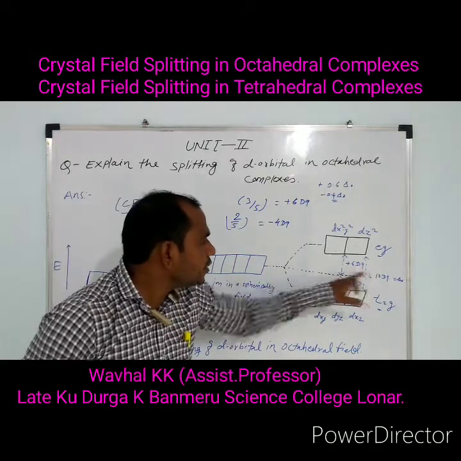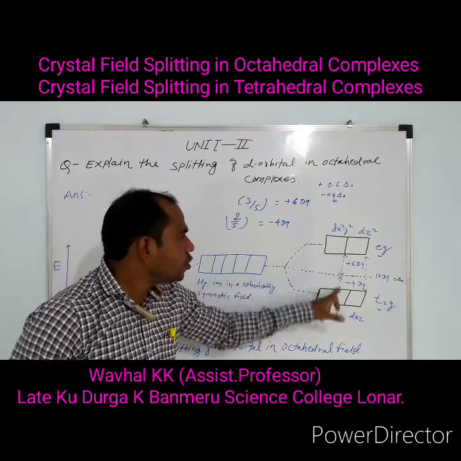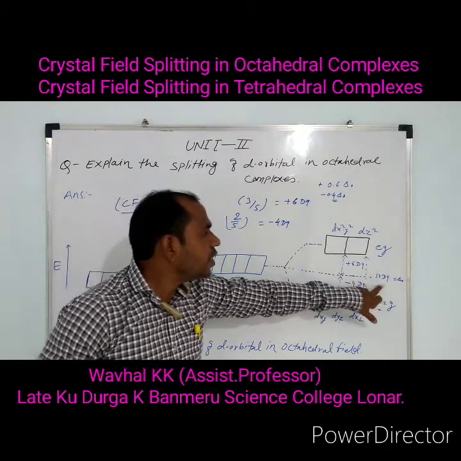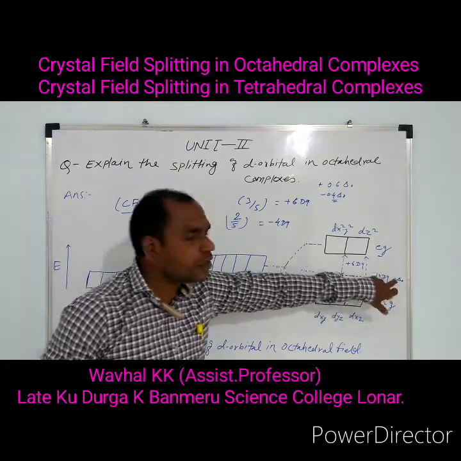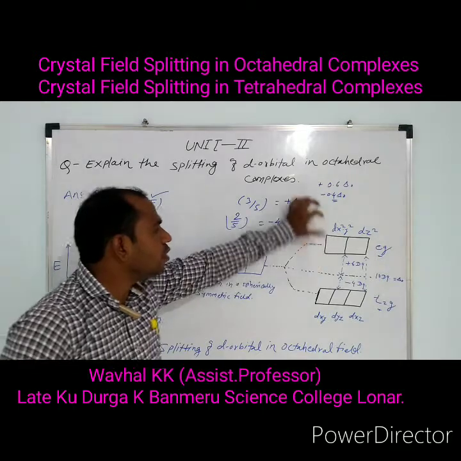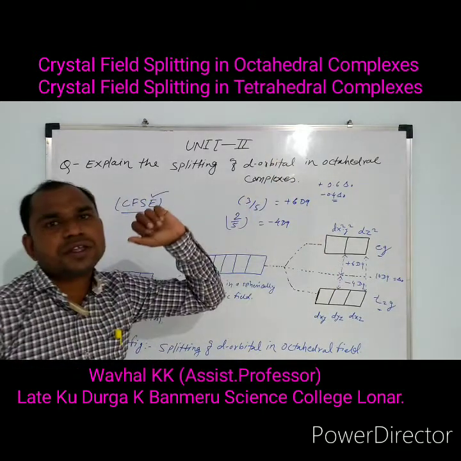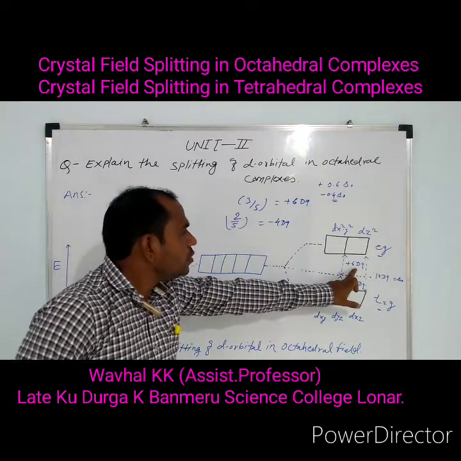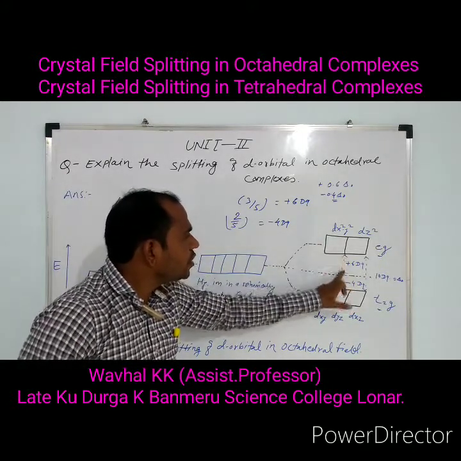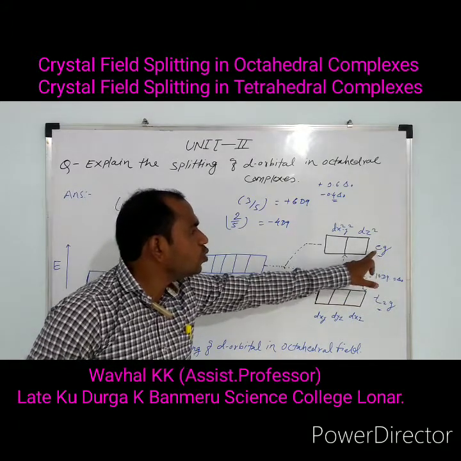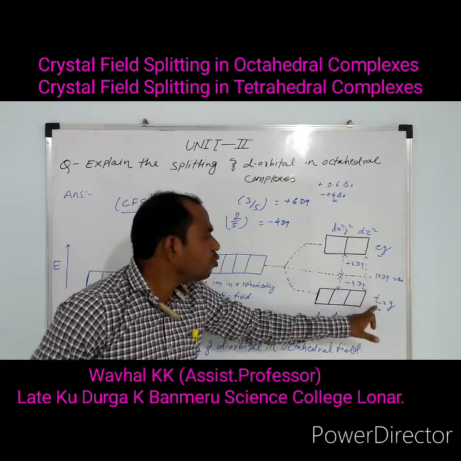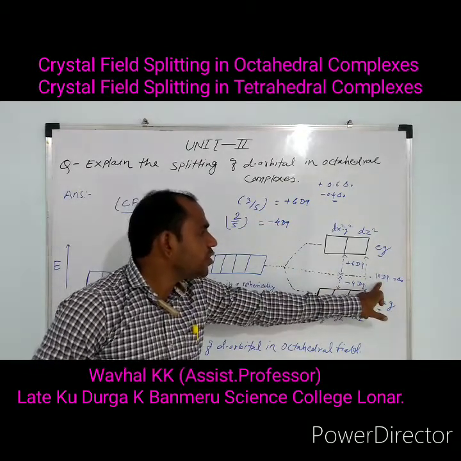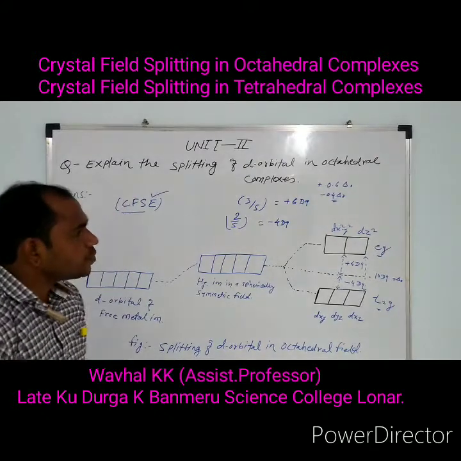This is the energy barycenter. The total energy difference between T2g and Eg is 10 Dq, which is equal to delta octahedral, and this energy is called the crystal field splitting energy. From the barycenter, the energy is increased by +6 Dq for the Eg and decreased by -4 Dq for the T2g orbital, and the total energy difference is 10 Dq.